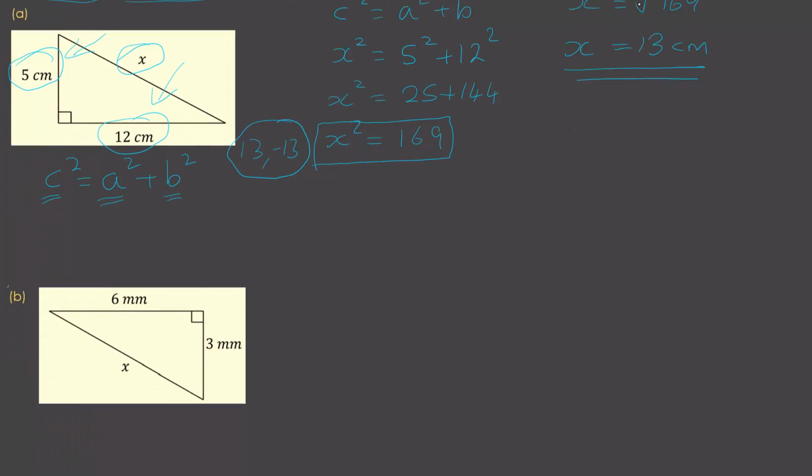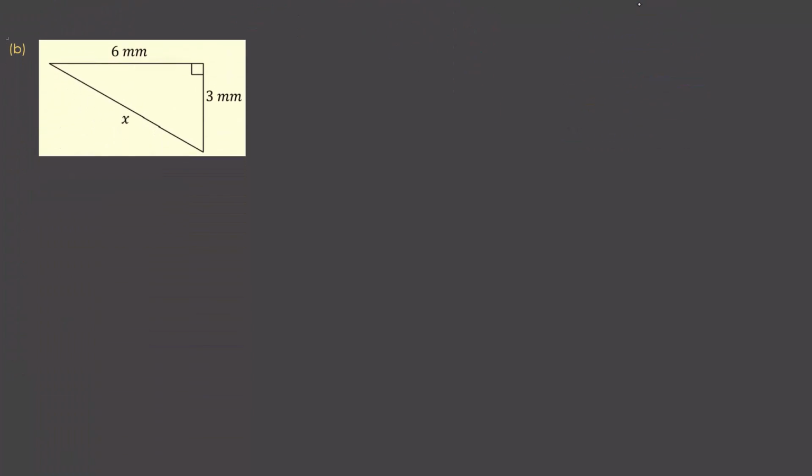Let's have a look at part B. Once again, we're going to use c squared is equal to a squared plus b squared. So we're finding the hypotenuse, so substitute x in for c. So x squared is going to be, let's call this one a, 6 squared, and this one b, plus 3 squared.